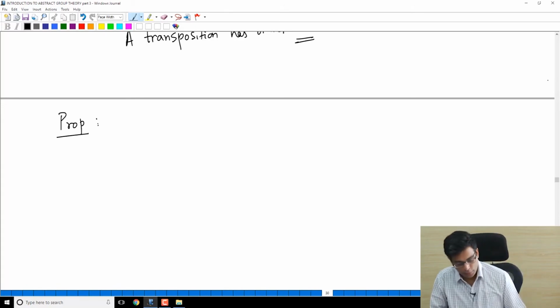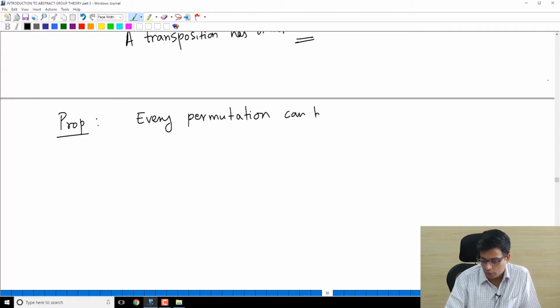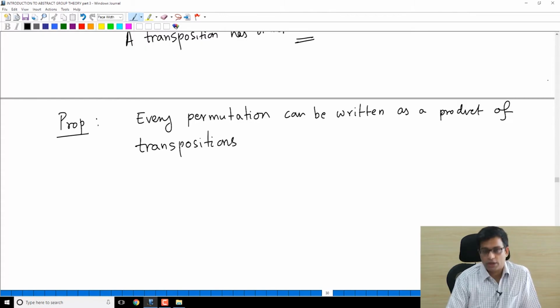Let me write the proposition, then we will look at some examples and then prove that. Every permutation can be written as a product of transpositions, or 2 cycles.